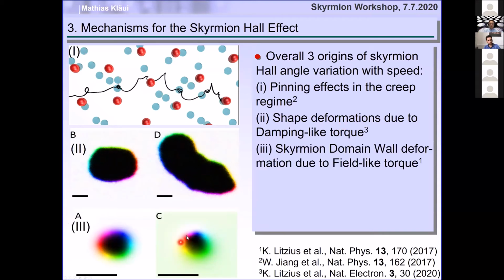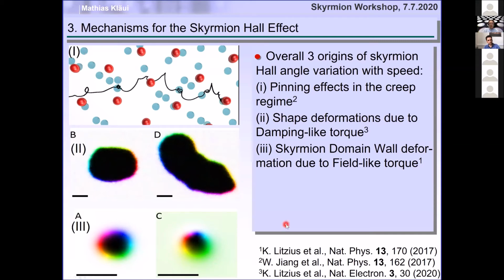And finally, we have these domain wall shape changes, and there the field-like torque leads to a change of the skyrmion Hall angle with velocity. So these are 3 different mechanisms which are reported in these 3 papers, and which can explain the full velocity regime from the slow creep regime to the ultra-fast, hundreds of meters per second flow regime.